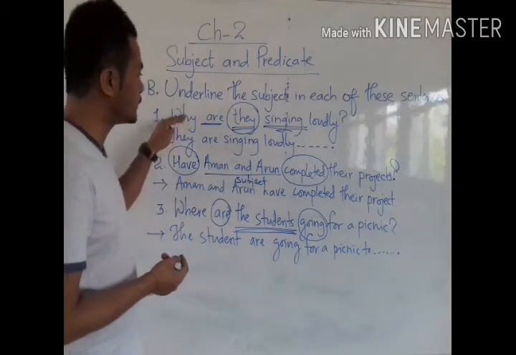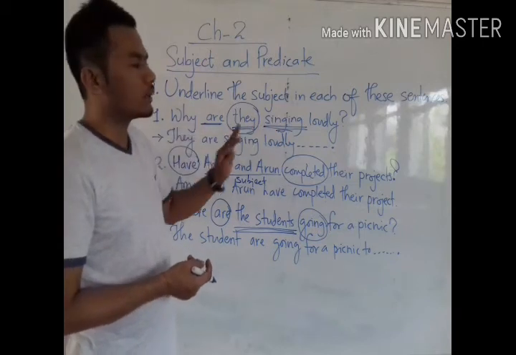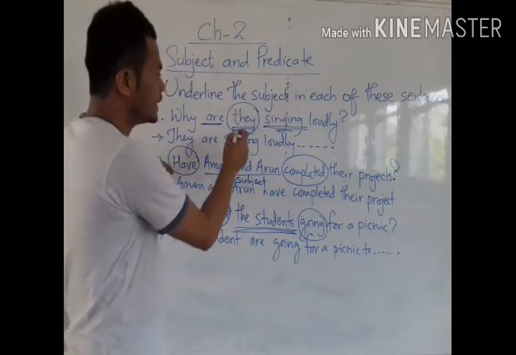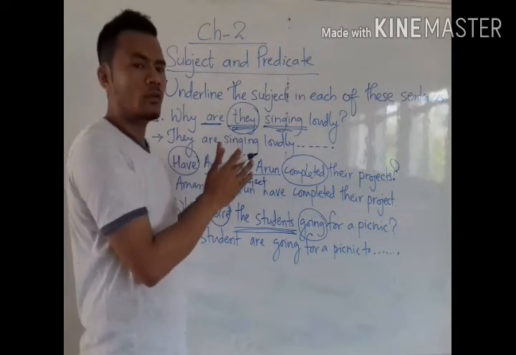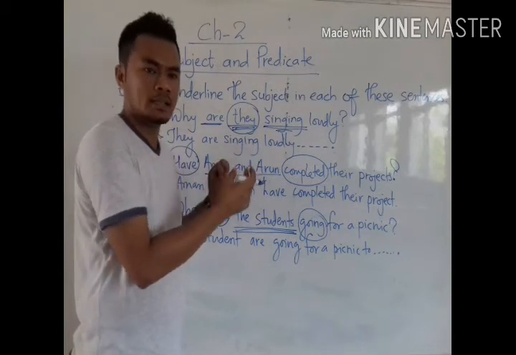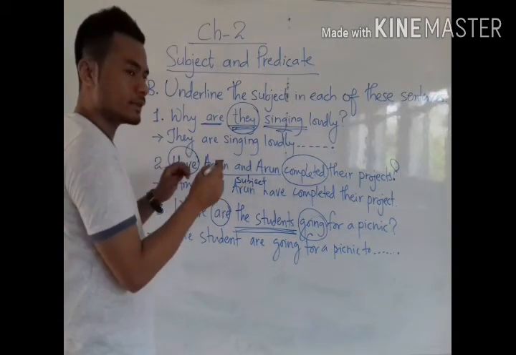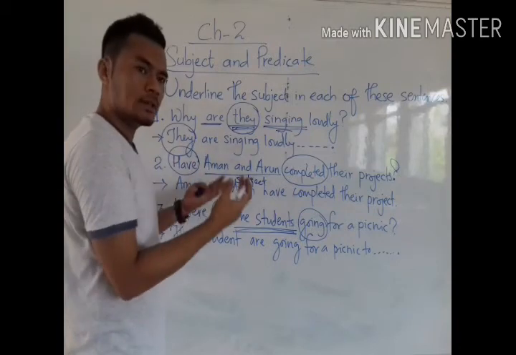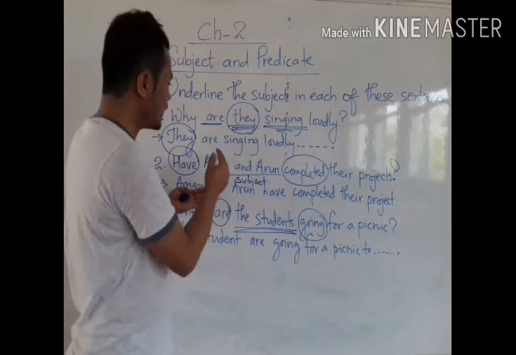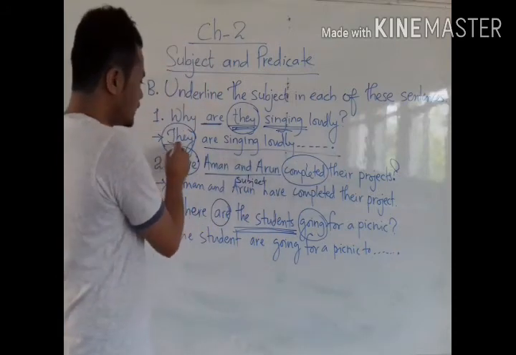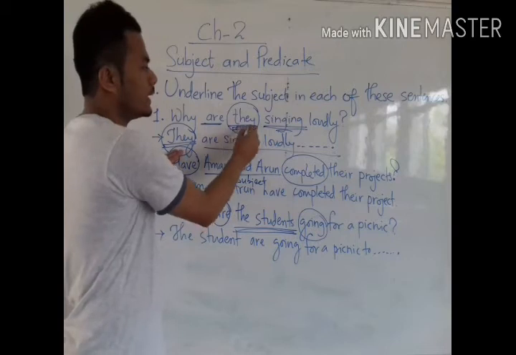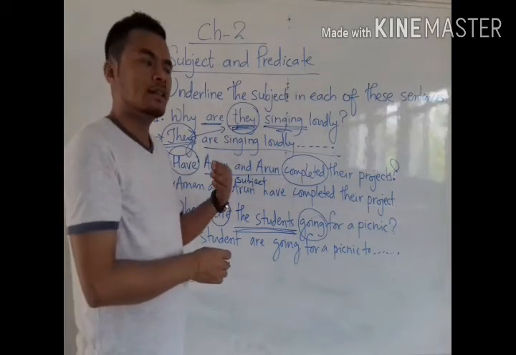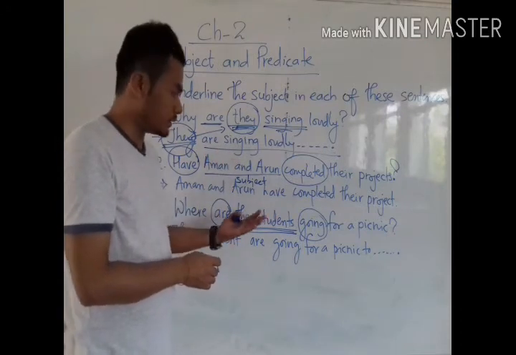and predicate. Like see here, why are they singing loudly? So if you give the answer of this question, you will write they are singing loudly, dash dash dash, any reason it may be. So automatically the sentence is telling us about they, and what is being told about they: are singing loudly. So here the subject is they. Okay, just change the question into statement.